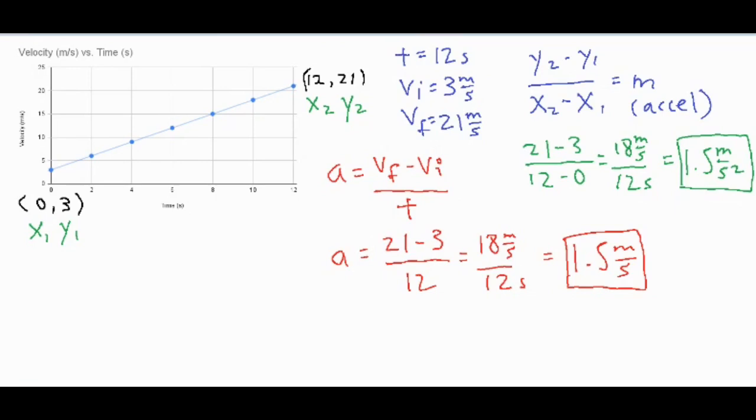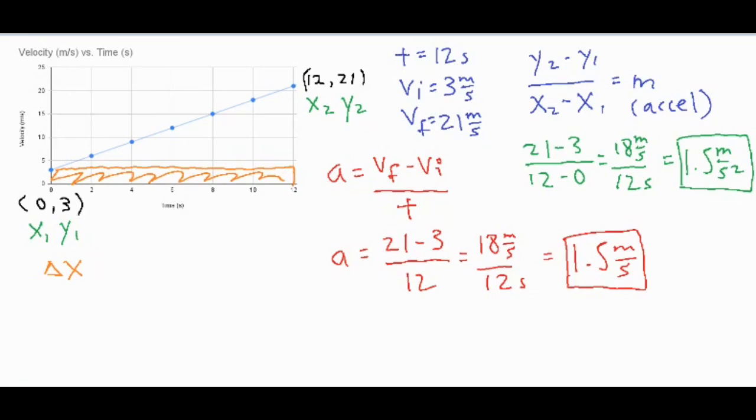The next one is we're going to use the graphical method to solve for the delta x. Now, to find the delta x on a velocity versus time graph, we want to find the area underneath the curve. And the way we're going to do that is we're going to break it up into two sections. We have basically a long, skinny rectangle over here.